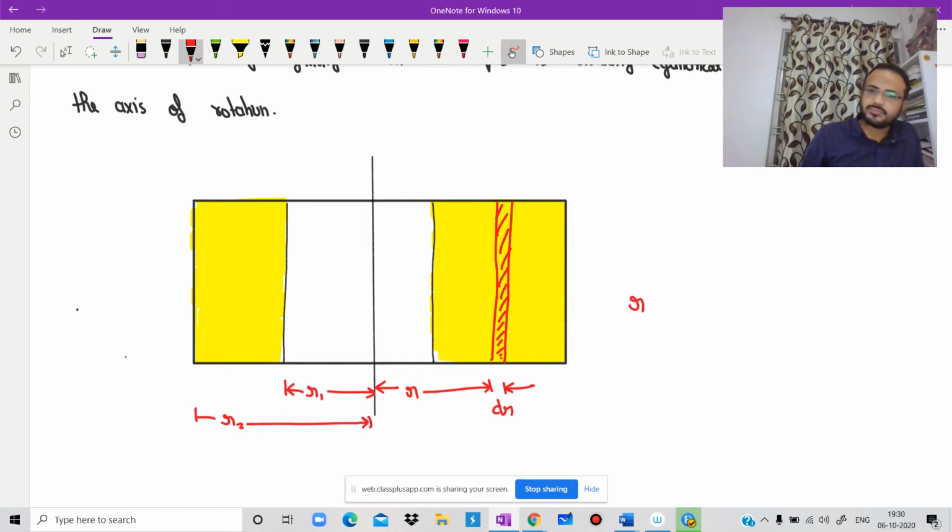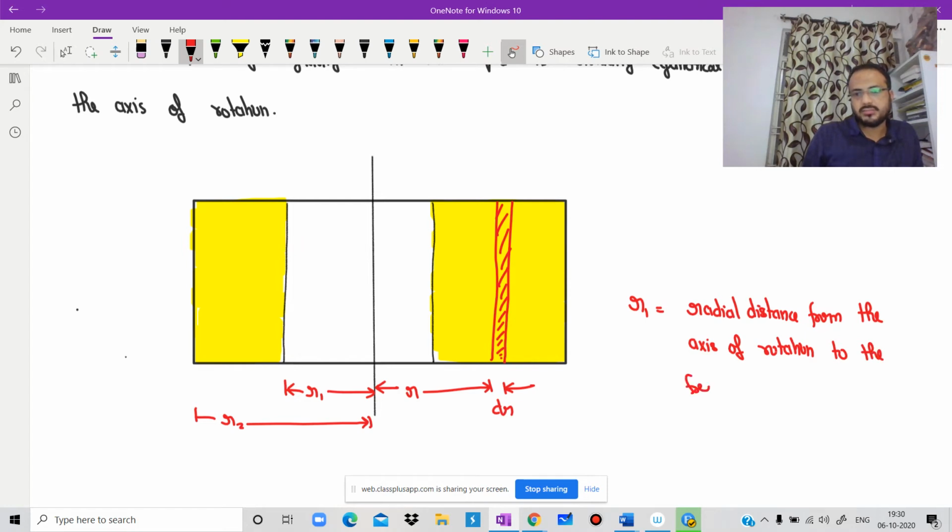So what is R1? R1 is the radial distance from the axis of rotation to the free liquid surface.